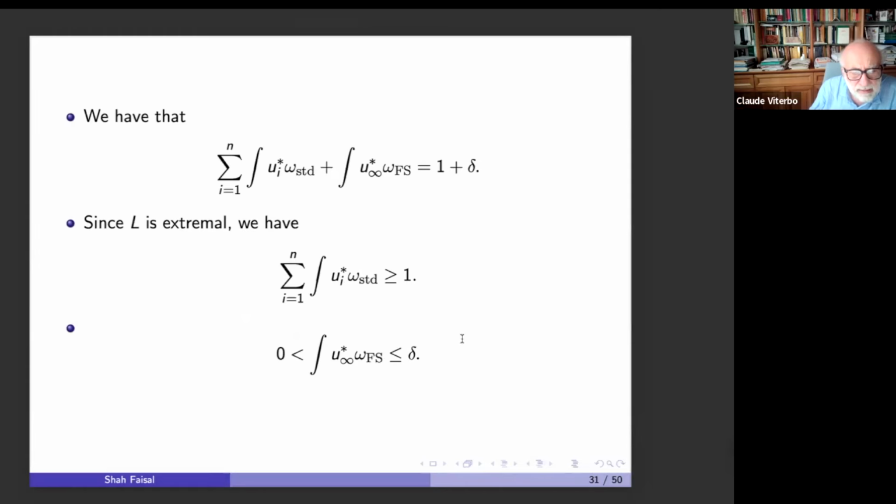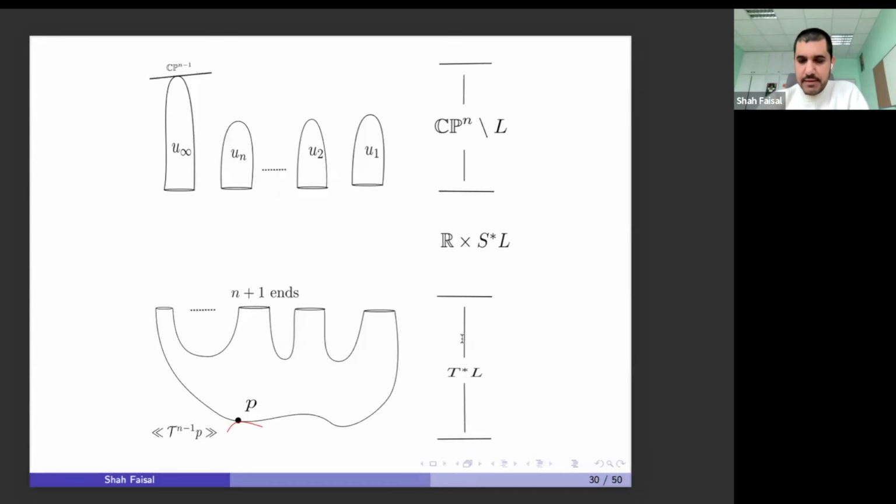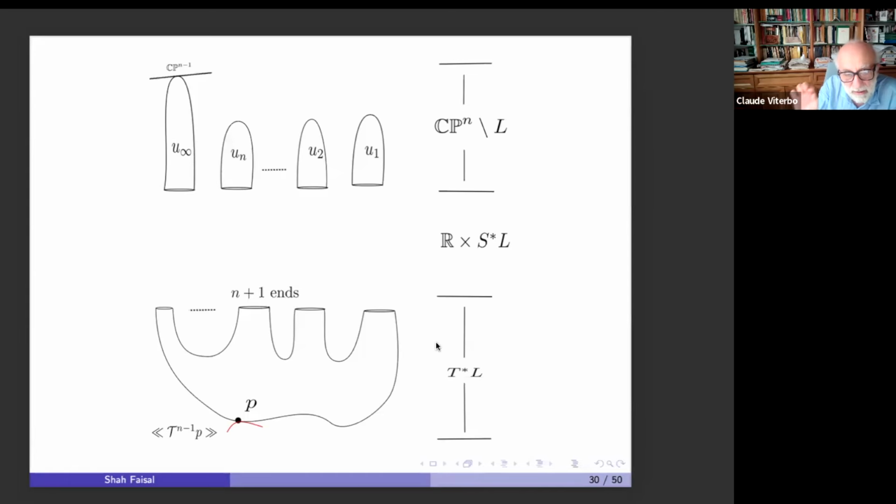Okay. And can you go back again, sorry, to the previous slide? So here you assume that you have n-1 order tangency at point P? So P is a very singular point of the curve, is that what it means?